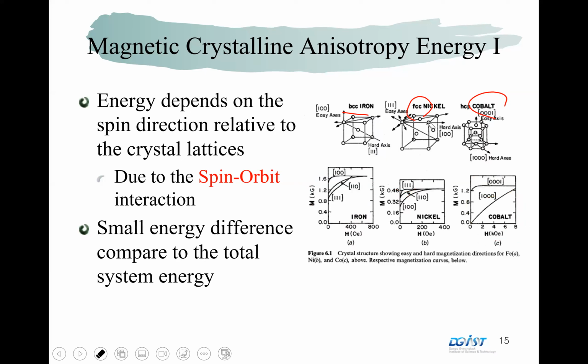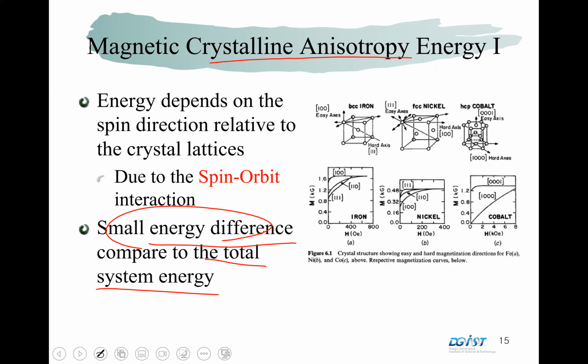Okay. And, do you have any question? Oh, sorry. No. Okay, there is one more comment. The energy difference of this crystalline anisotropy is usually very, very small compared to the total system energy.